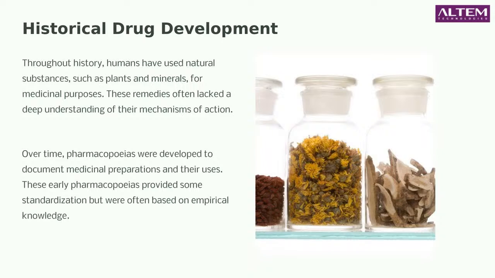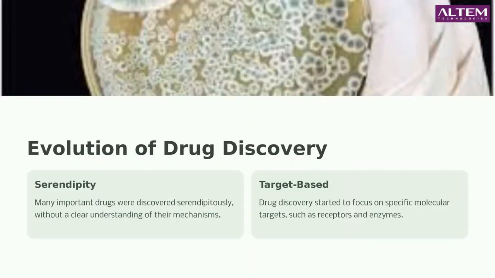They laid the groundwork for systematic drug classification. In the 20th century, there was a significant shift in the drug discovery process due to advancements in molecular biology, and researchers began isolating active compounds from natural sources and studying their effects at the molecular level.